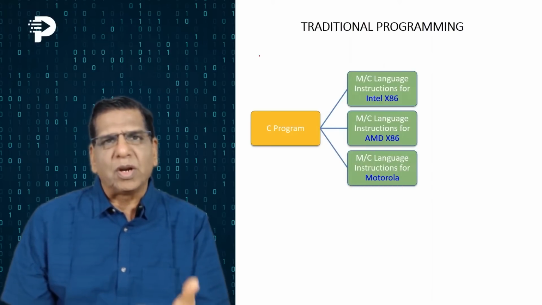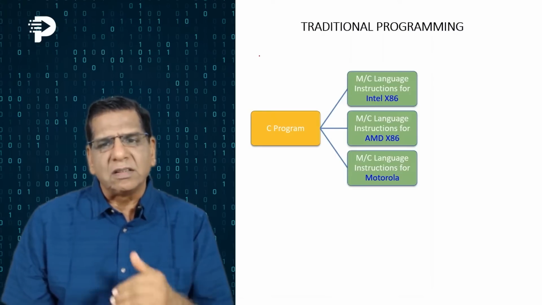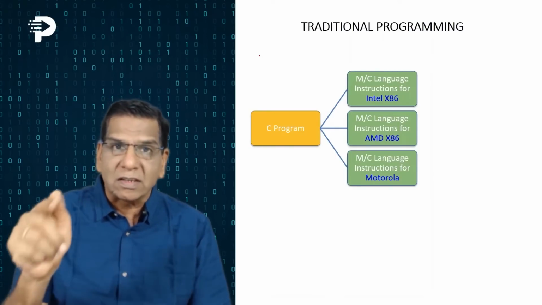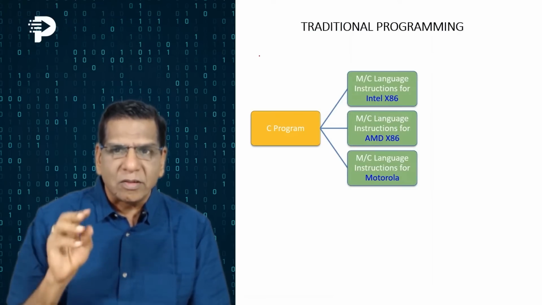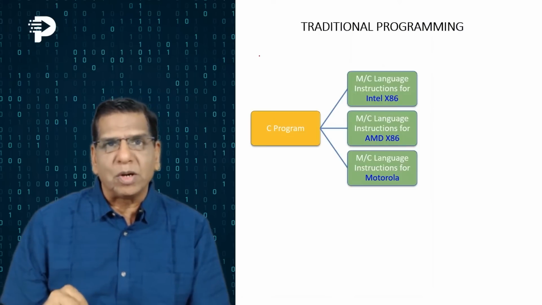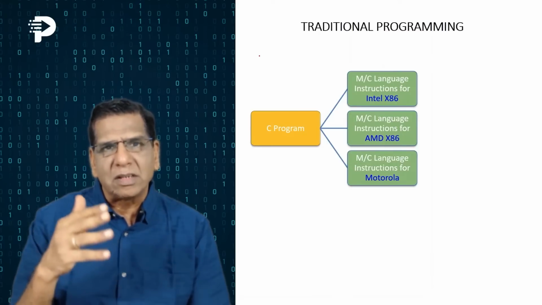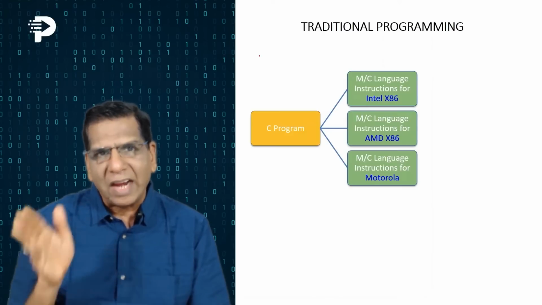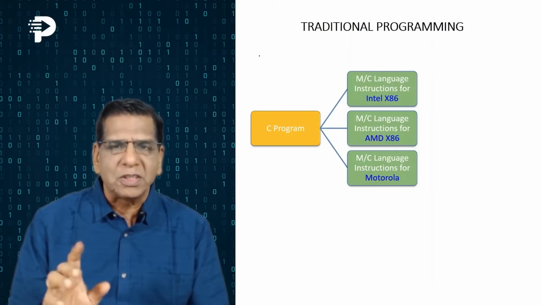Or the same C program can be compiled for creating instructions in machine language as understood by the Motorola microprocessor. The instruction set of each of these microprocessors is different. The one understood by Intel may or may not be understood by Motorola, may or may not be understood by the AMD microprocessor. So the C program is compiled, the same C program, realize that, it will be compiled and targeted towards what? A specific instruction set for a specific microprocessor.